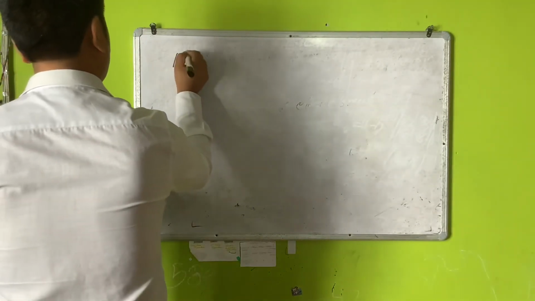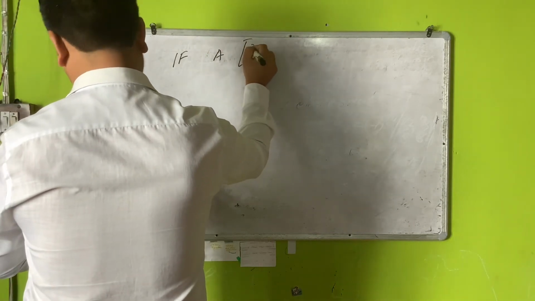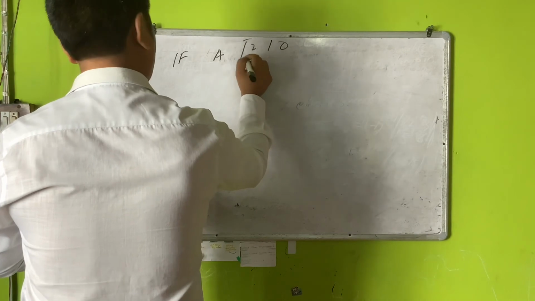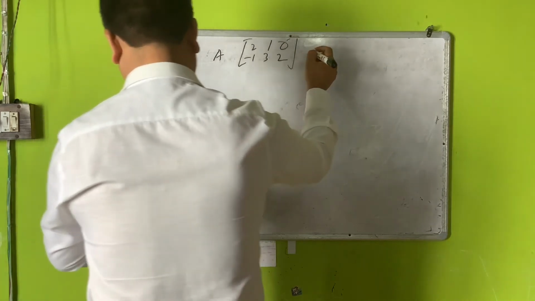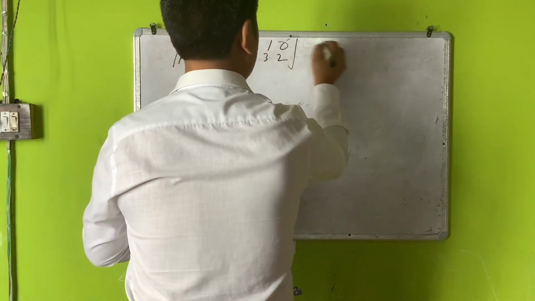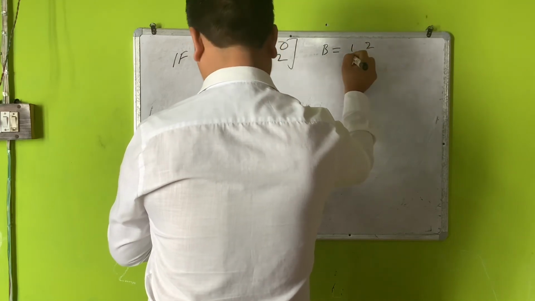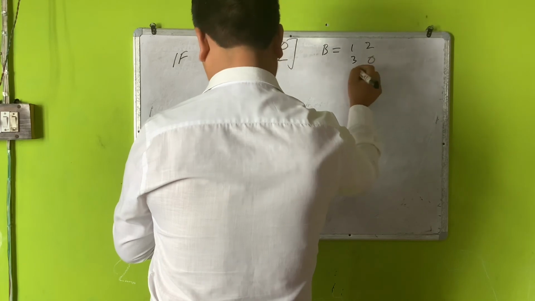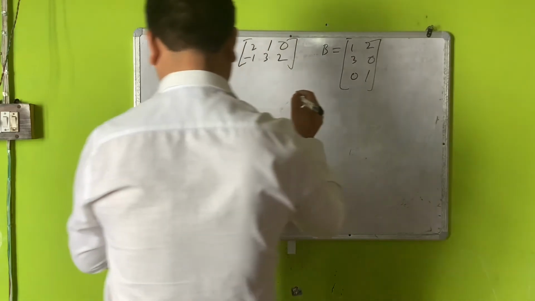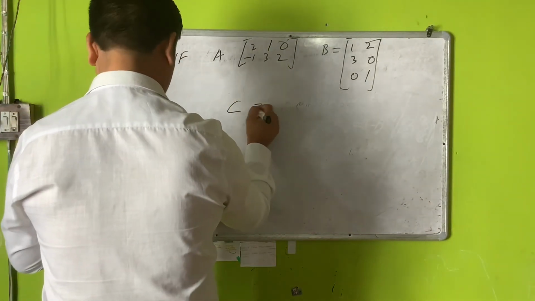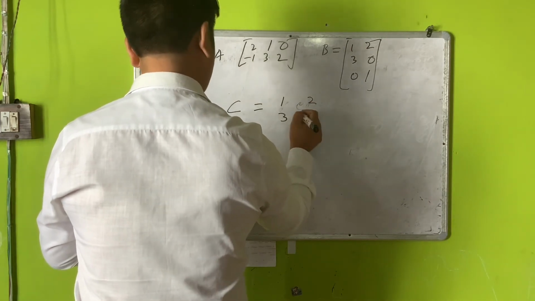If A is equal to 2 1 0, -1 3 2, B is equal to 1 2, 3 0 0 1, and C is equal to 1 2, 3 -1.